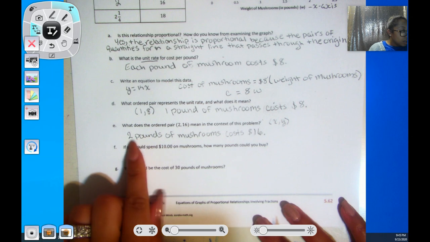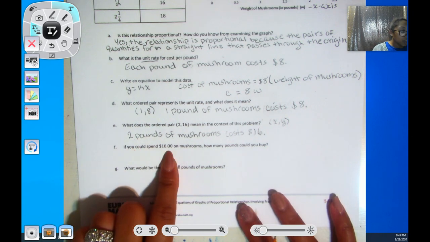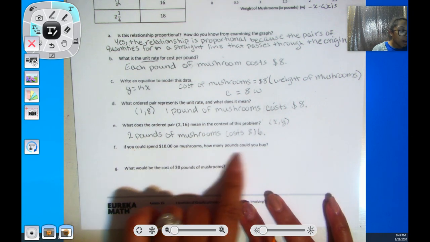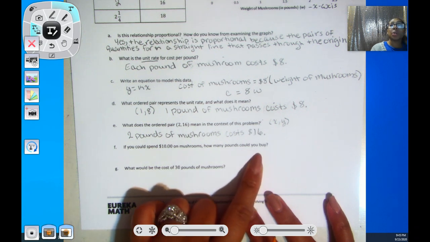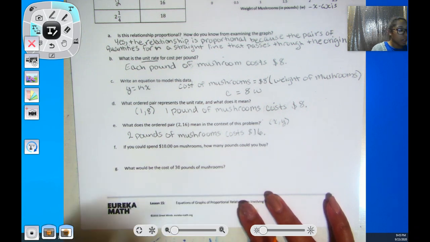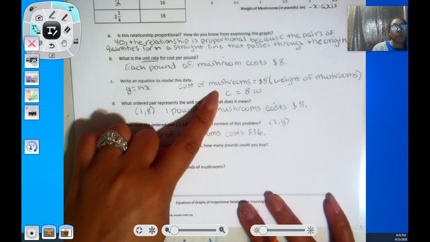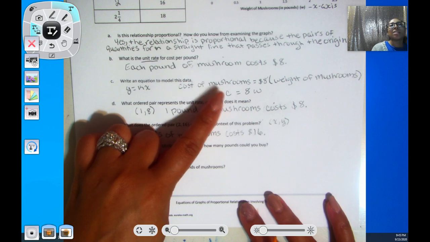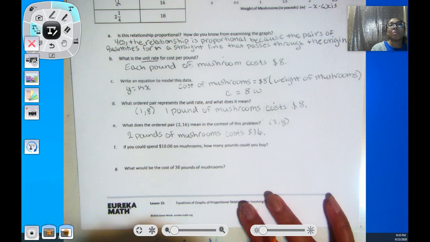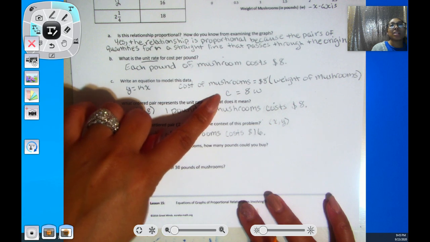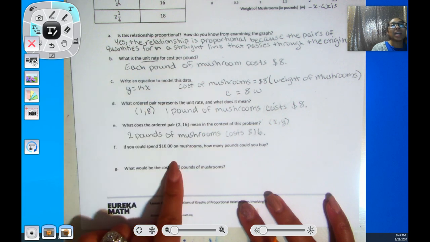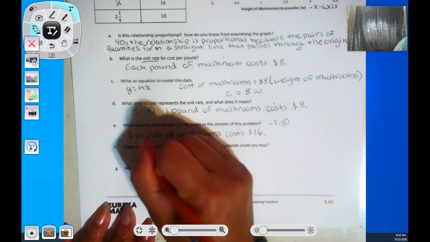If you could spend $10 on mushrooms, how many pounds could you buy? Now, in order to solve this problem, I need to use that equation that we found, C is equal to 8W. This equation represents the relationship between the weight of the mushrooms and the cost of the mushrooms. So I can use this equation to help me solve any problem regarding that relationship. So I'm going to rewrite that equation.